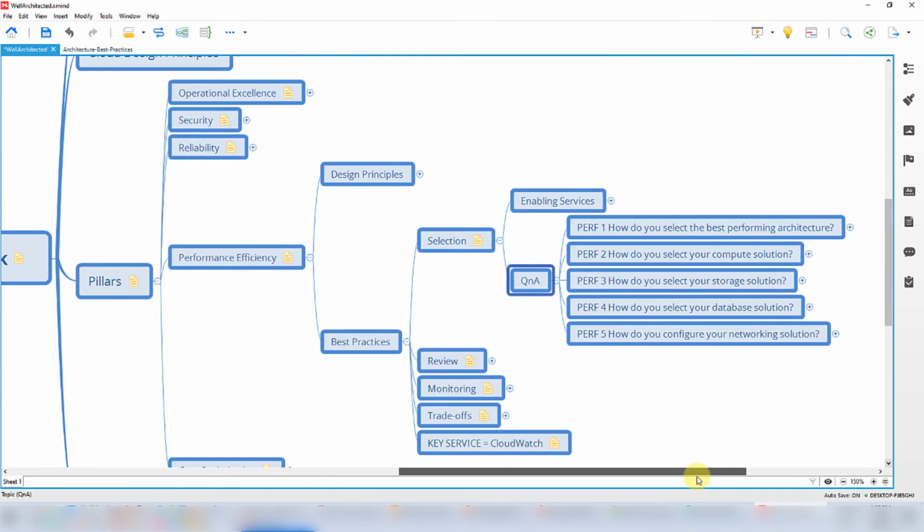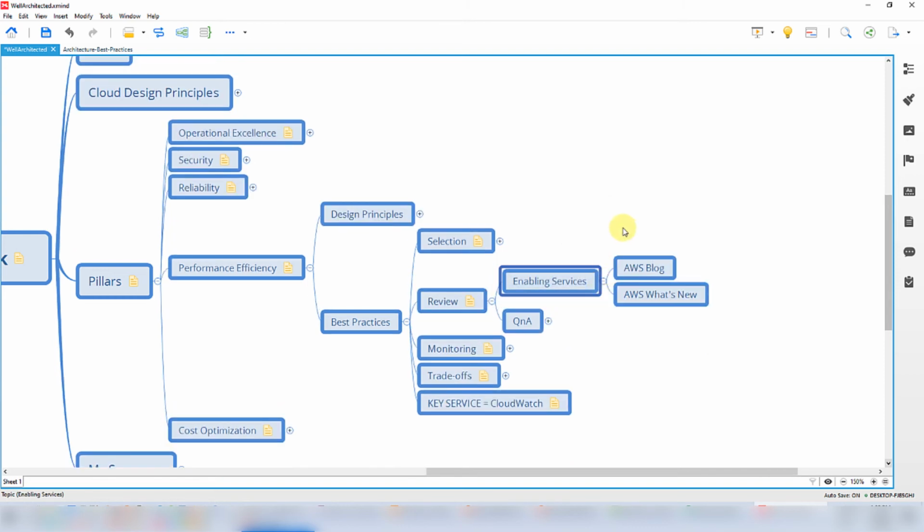The key questions driving best practices: how do you select the best performing architecture? How do you select your compute solution, your storage solution, your database solution, and how do you configure your networking solution?